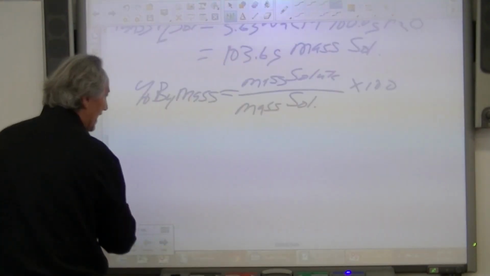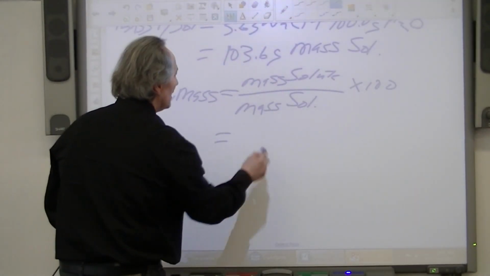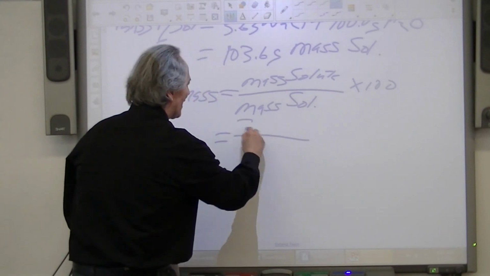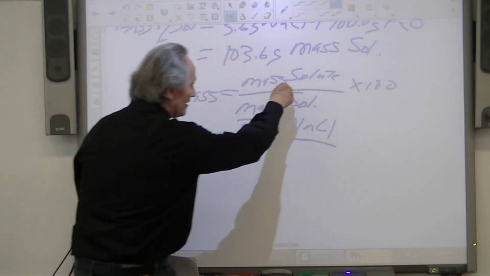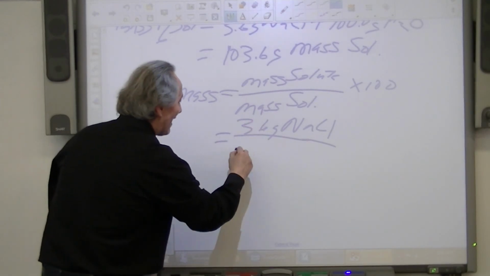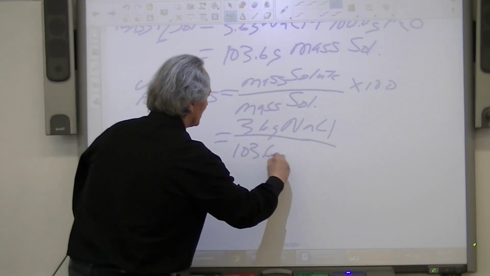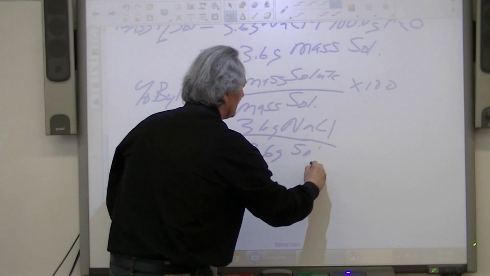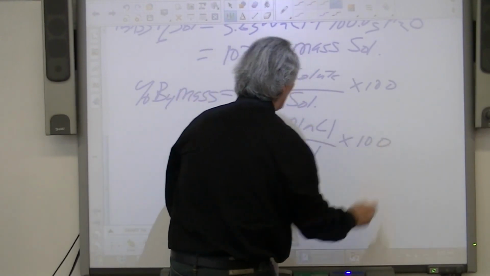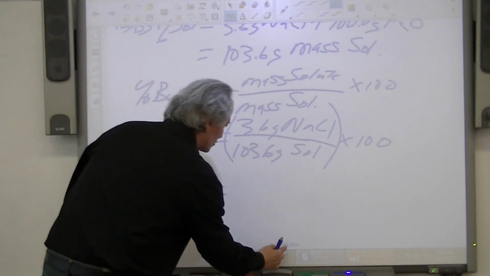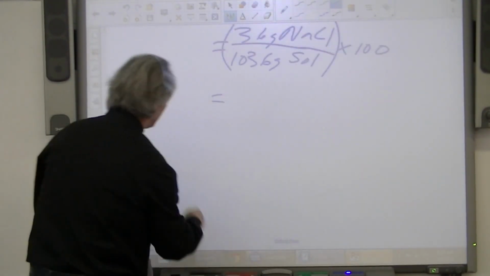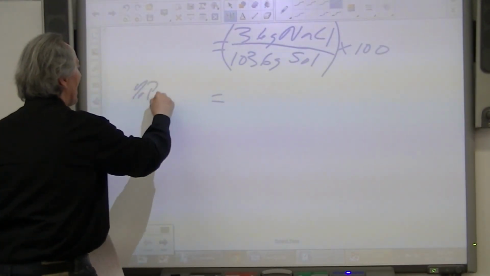Let's plug in the data that has been given to us. The mass of the solute was in fact 3.6 grams NaCl. We calculated the mass of solution at 103.6 grams of solution, times 100%. Let's plug that into our calculator, put parentheses around it, and find our final solution for the percent by mass.